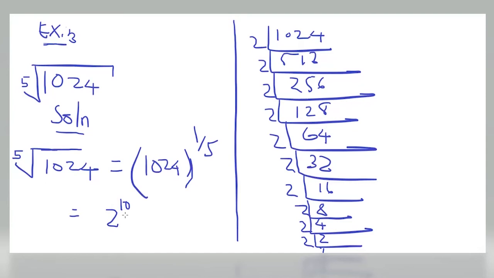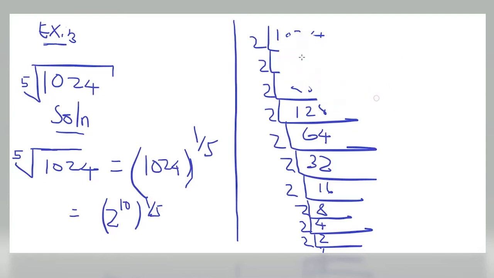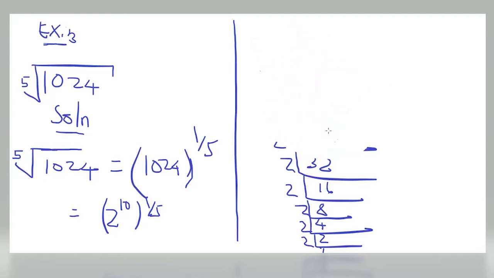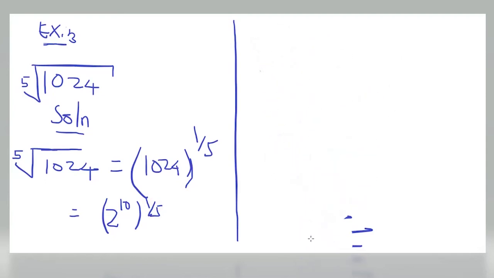Okay. Then outside there is 1 over 5. Okay. You can simplify like that. Then this one will be equal to 2 power 10 times 1 over 5.